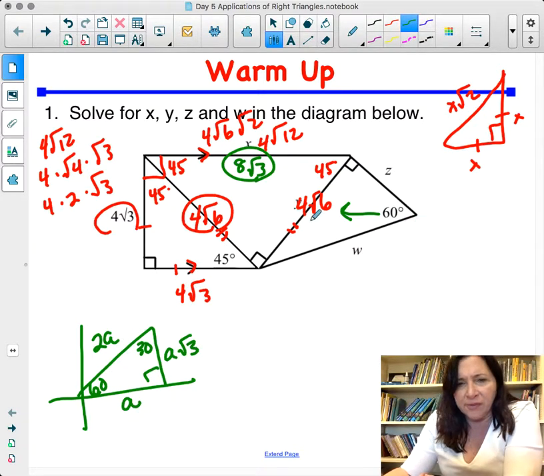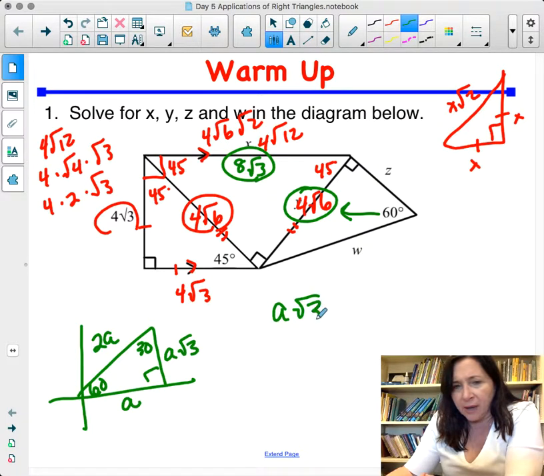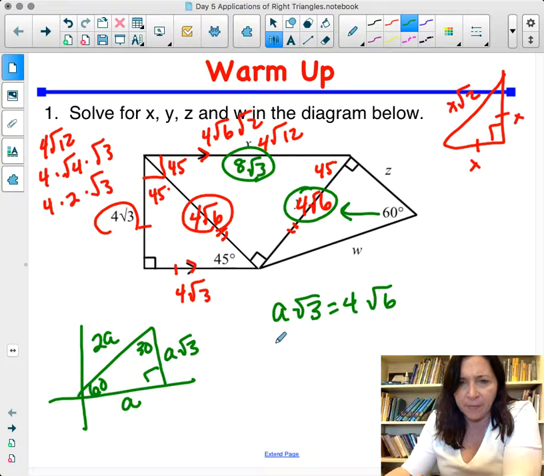So if across from the 60 is a root 3, I'm going to set this equal to 4 root 6 so that I can solve for a. I'm going to get a by itself and divide by root 3 on both sides.